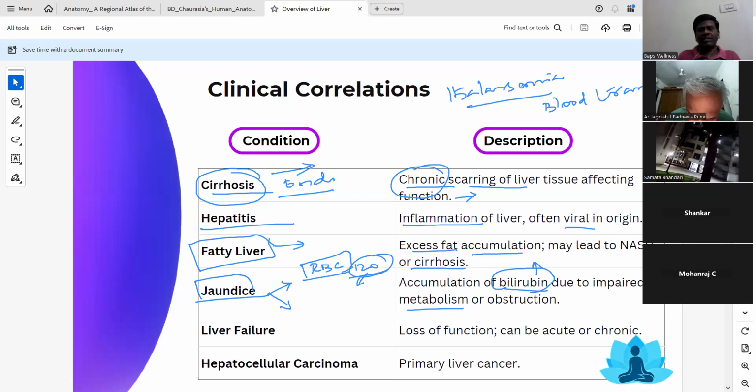So every 15 days or 1 month, 1 unit, 2 units, depending upon the body weight, height and the condition, the blood is transfused at regular frequent intervals, given into the body.